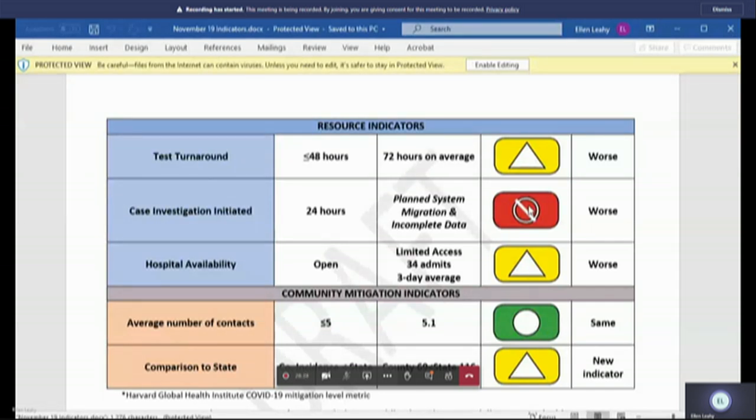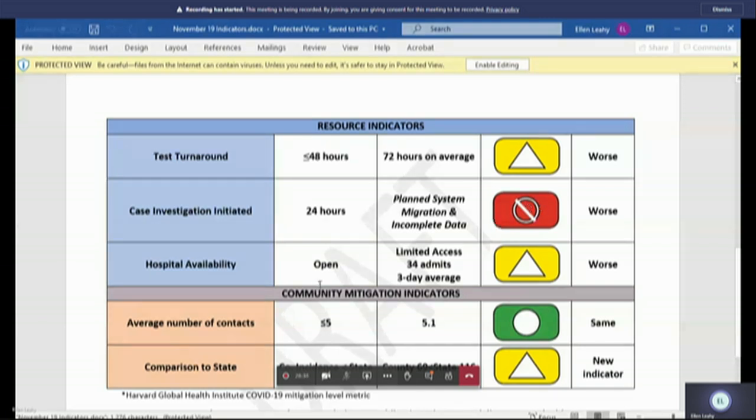And that happened over the weekend, and we're still migrating our over 1,000 cases. Because of that, I can't give you the data, but I can tell you we expected it to be worse while we migrated, with the expectation that it will be better and more easily measurable in the next week or so.